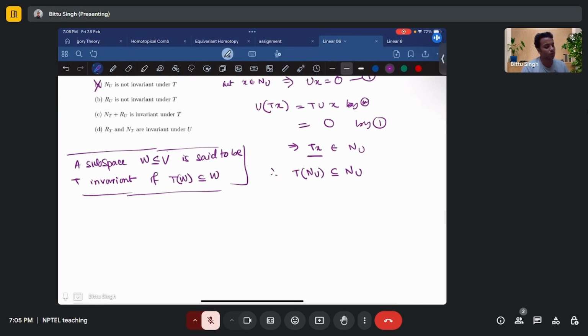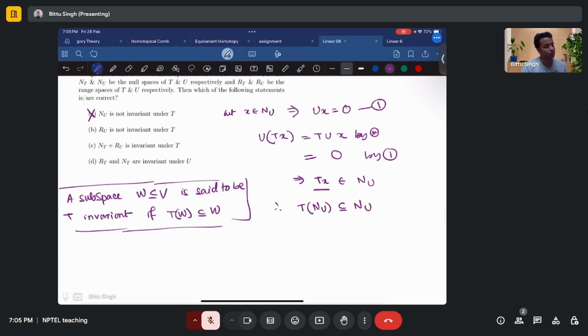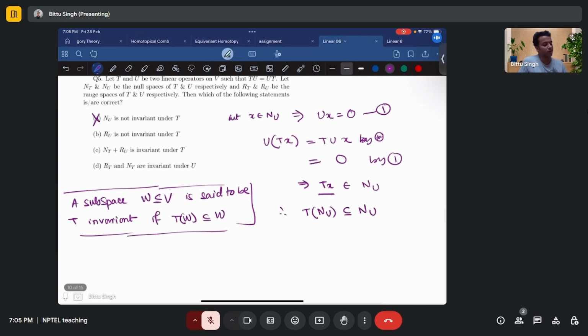Now, RU is not invariant under T. So again let us see if RU is T invariant or not. So let x belong to RU. What is a typical element of the range space RU? x will look like U times some y, for some y belonging to vector space V, right?